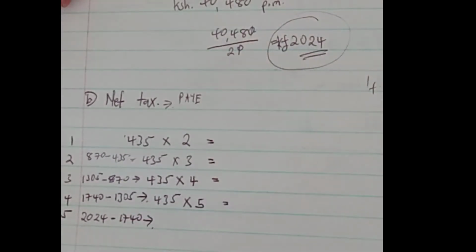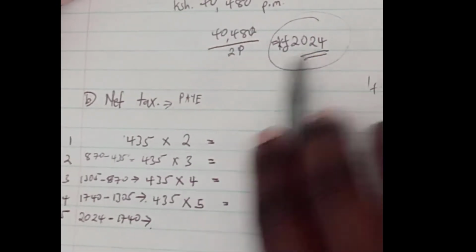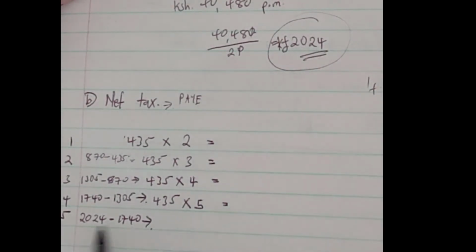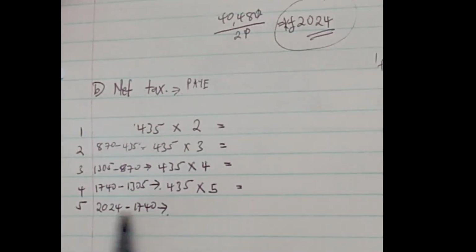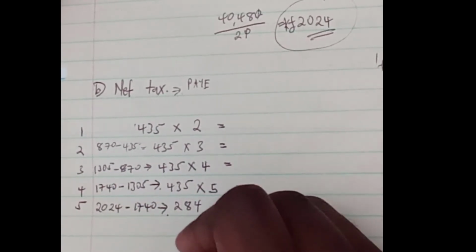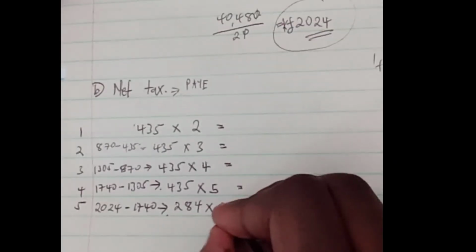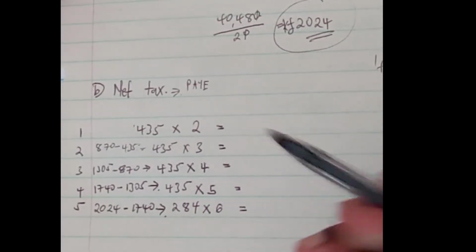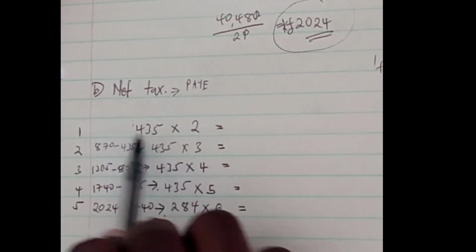So how much will exceed 1740 when we are calculating taxes for this amount? You have to take your calculator and key in these figures, 2024 minus 1740, and we'll get 284. Then we have to multiply that by the rate of tax here, which is 6.